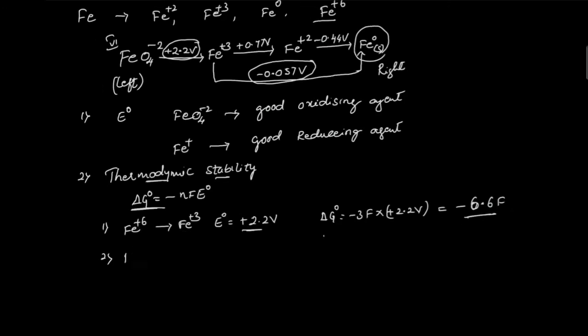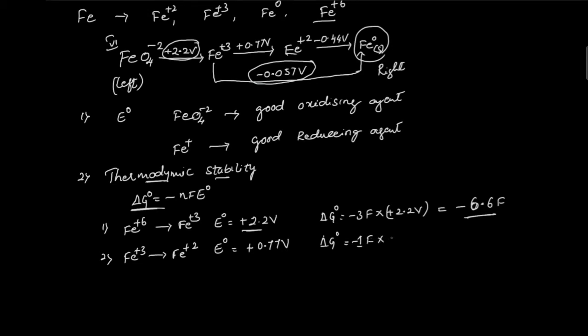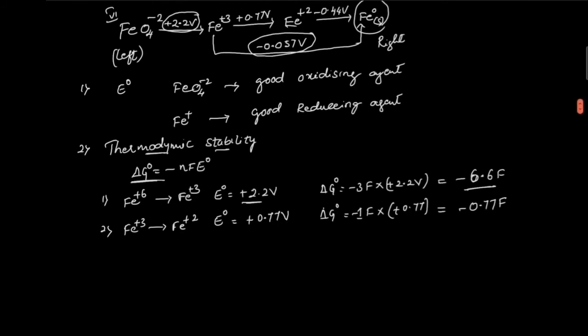Similarly, for the second step, Fe plus 3 ions is getting converted into Fe plus 2. So, for this reaction, E naught value is plus 0.77 volt. Delta G naught value, the standard change in Gibbs free energy, will be equal to, how many electrons are involved in this reaction? Only one electron, minus 1 into F into, what is the E naught value? Plus 0.77 volt. So you will get minus 0.77 F, that is Faraday's constant.